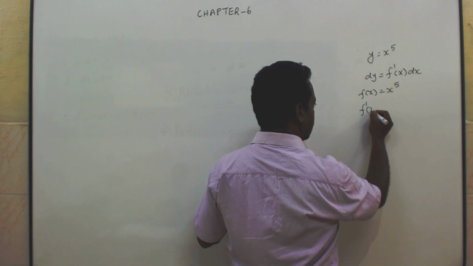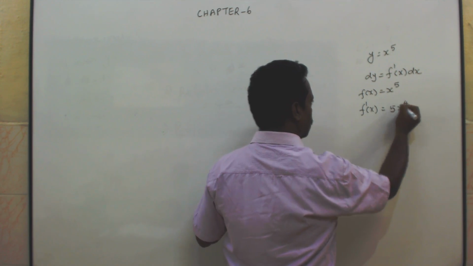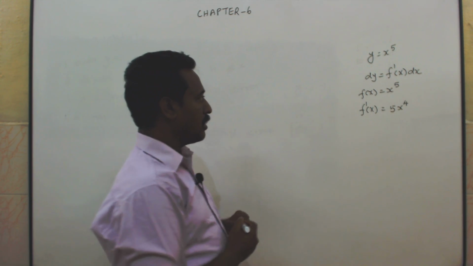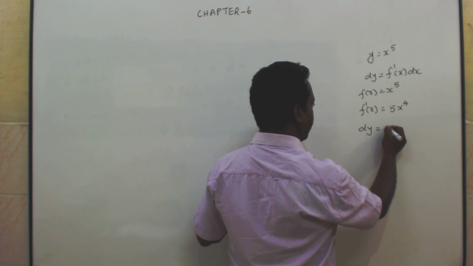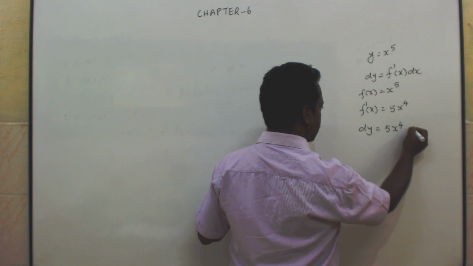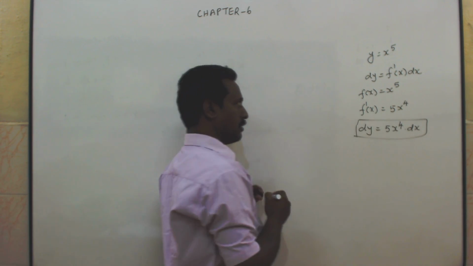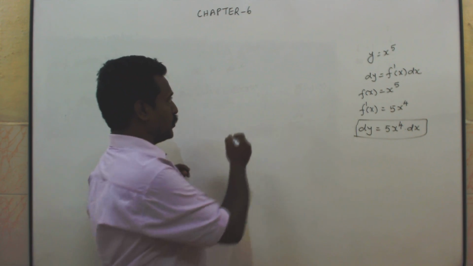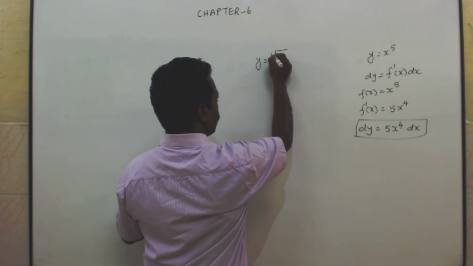You know how to differentiate? That is 5x power 4. Now, dy equal to 5x power 4 into dx. That is all. Is it clear? The second subdivision, y equal to 4th root of x.